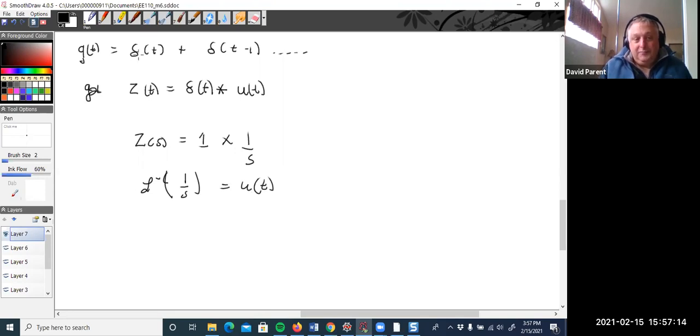That delta function converts to 1 in the complex plane. This convolution converts to multiply in the complex plane. And then when you take the inverse back, you get exactly what you put into it.